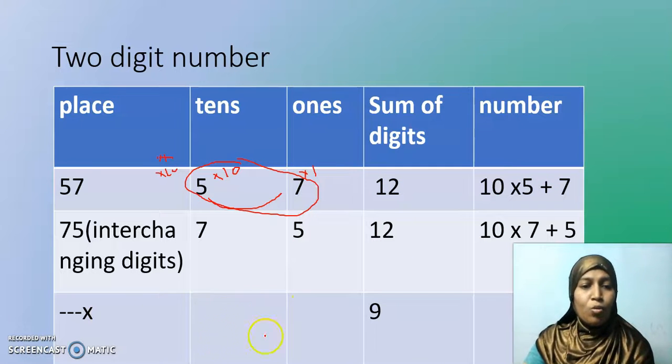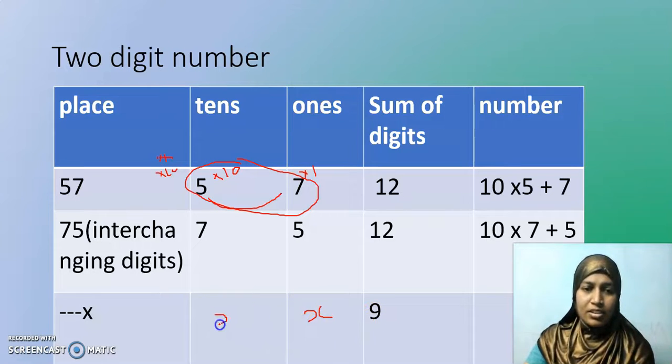But I don't know what number I am going to find here. So I am going to take this one's place as x, and here they have given the sum of the digits is 9. If I add this digit and the digit here, I get 9. So if one digit is x, the other should be 9 minus x.